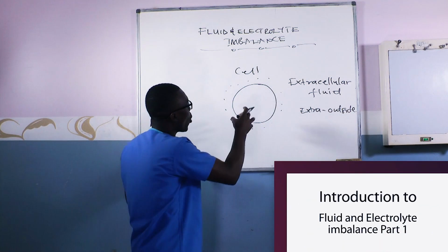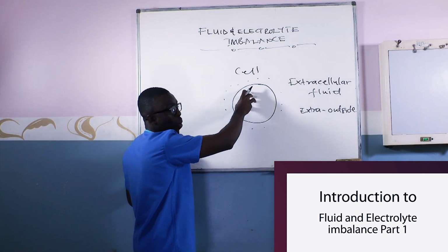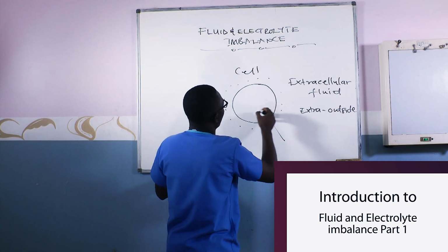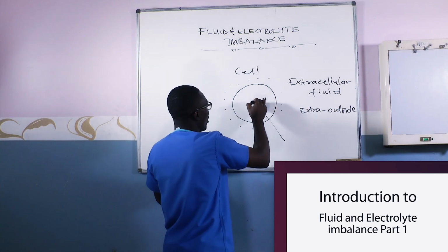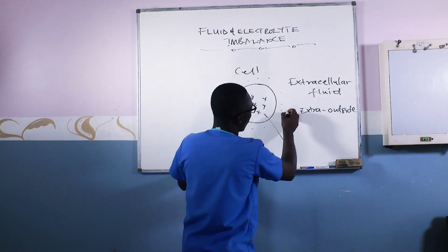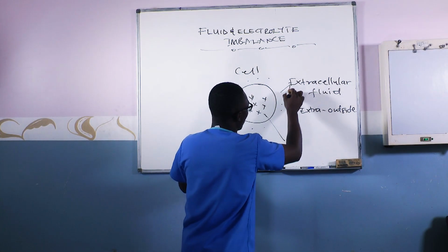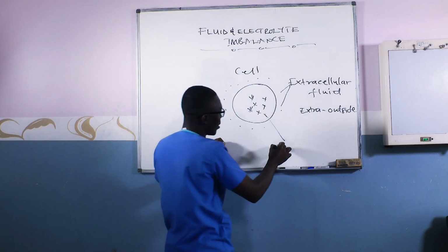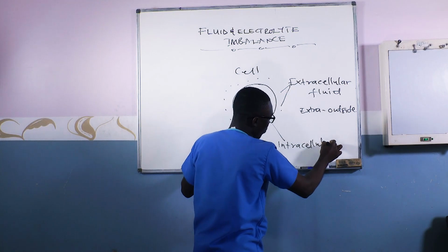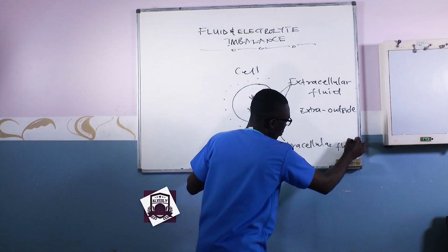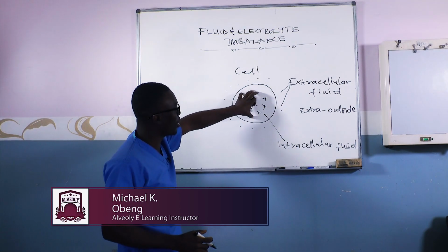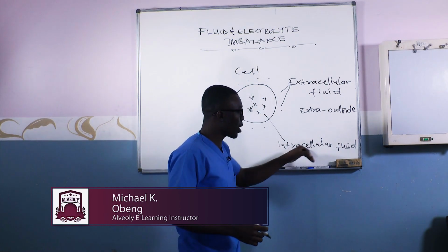Then all the fluid which is within the cell, contained inside the cell, let's take this one to be the fluid inside the cell, and this one to be the fluid outside the cell. The fluids inside the cell are known as intracellular fluid.